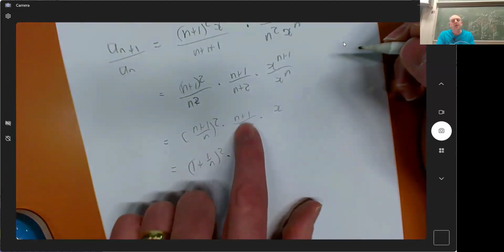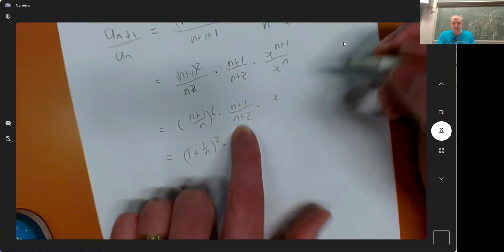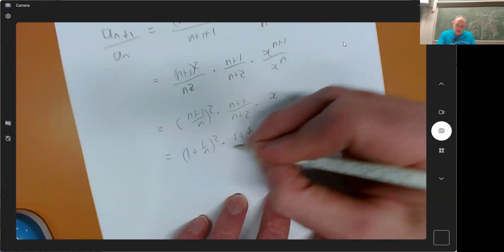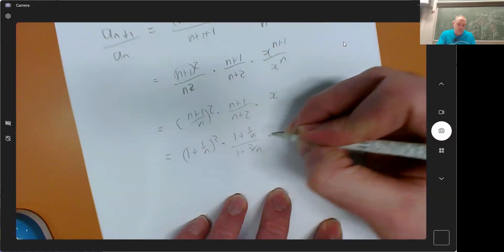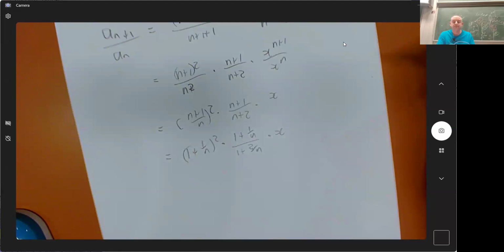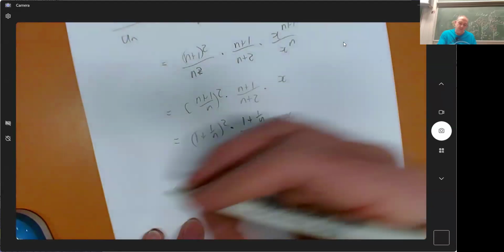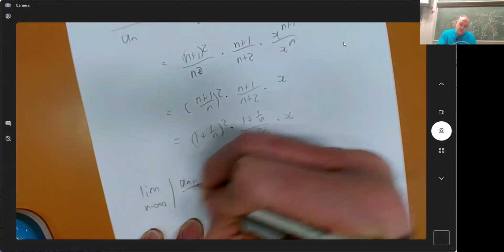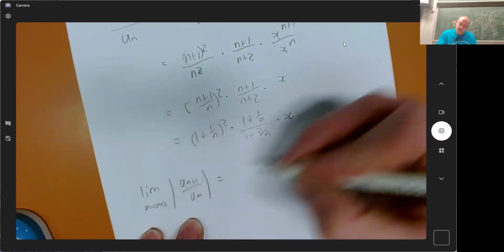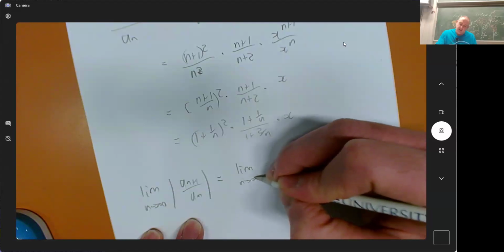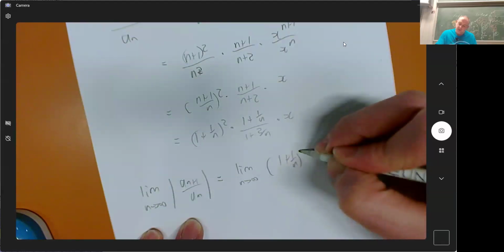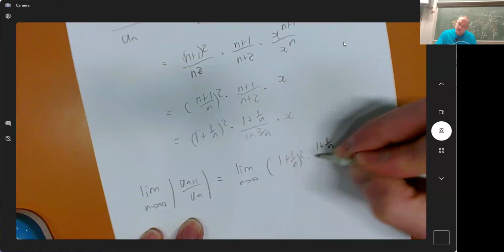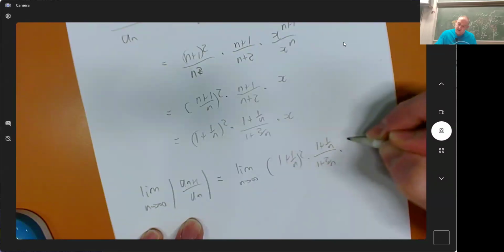And this one here, I'm going to divide top and bottom by n. So that's 1 plus 1 over n and 1 plus 2 over n, like that. And so the limit as n goes to infinity of the absolute value of a_{n+1} over a_n is the limit as n goes to infinity of (1 plus 1 over n) squared, (1 plus 1 over n) over (1 plus 2 over n) times the absolute value of x.